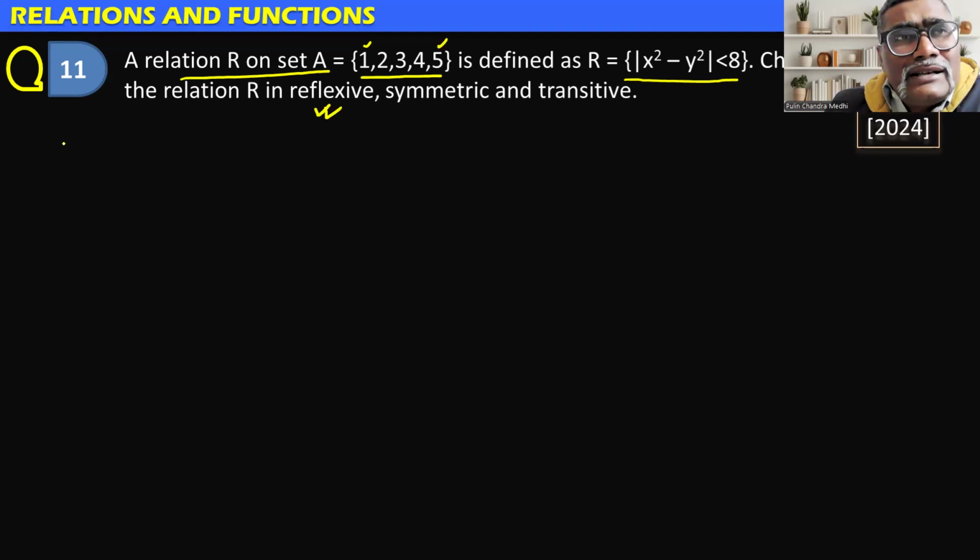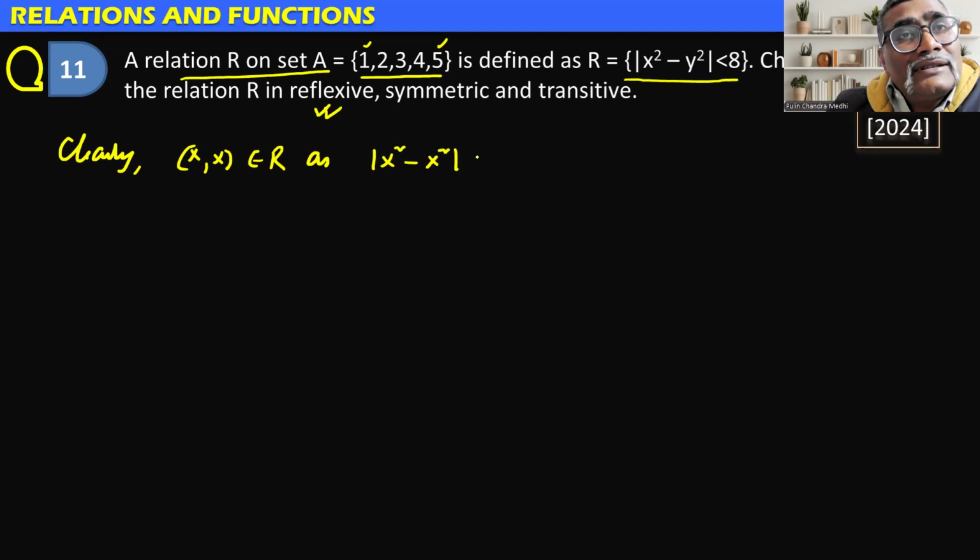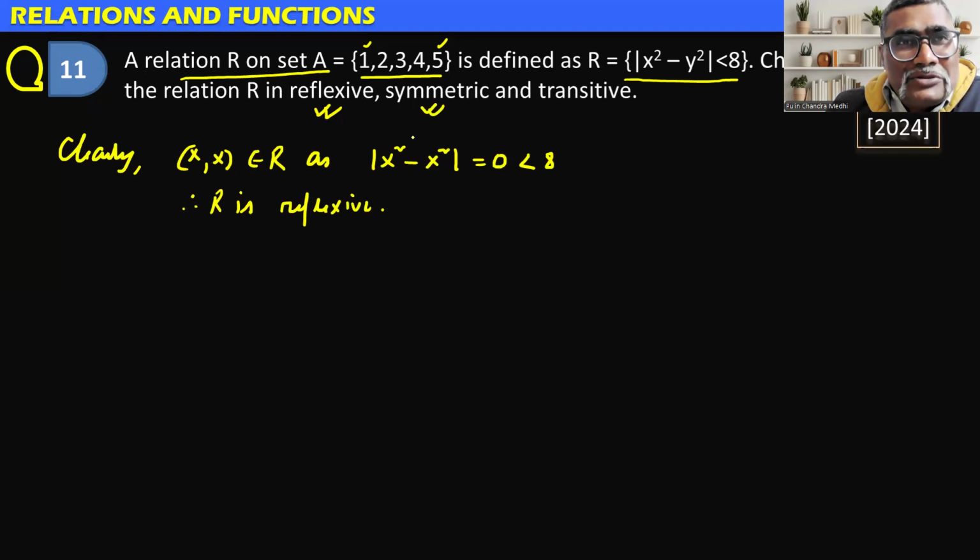So here we can write: clearly (x, x) belongs to R as x square minus x square is equal to 0, which is less than 8. Therefore, R is reflexive. Done. Symmetric is very much okay.